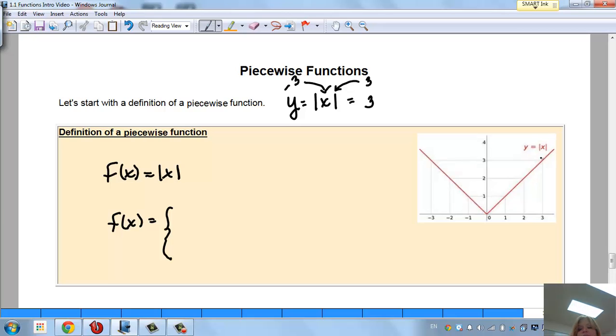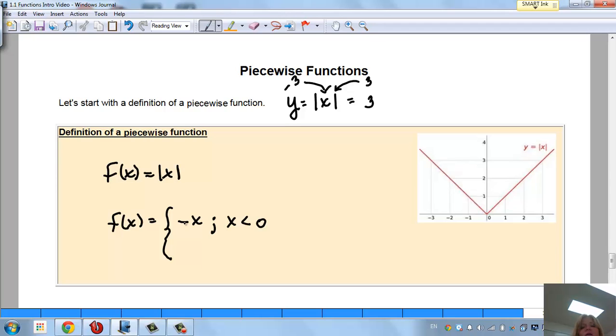It's a function. So the two pieces are as follows. It's -x, and you say, okay, that's what the function is, and you have to tell me when that happens. You can use a semicolon or a colon, and you tell me when that works. Well, that works when x is less than 0. If I have a -1, -2, or -3 and place it here, do you see where that would make it positive?